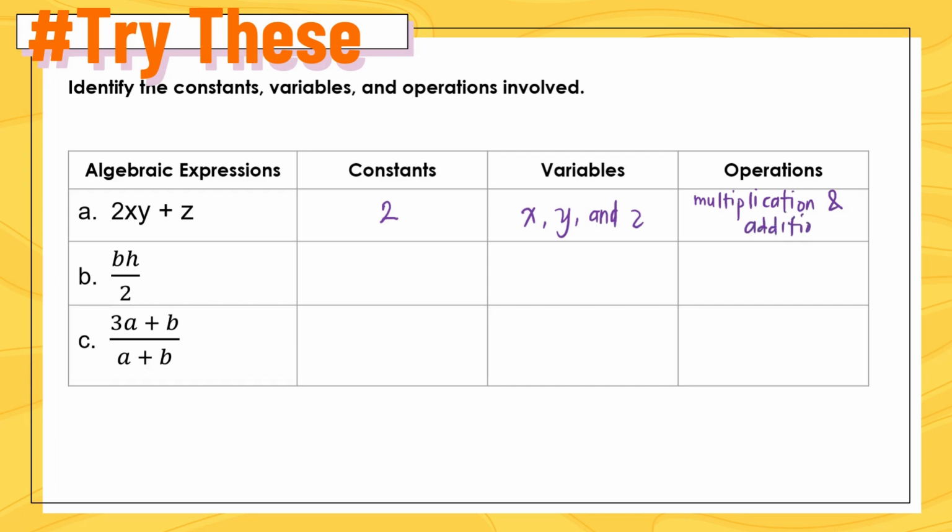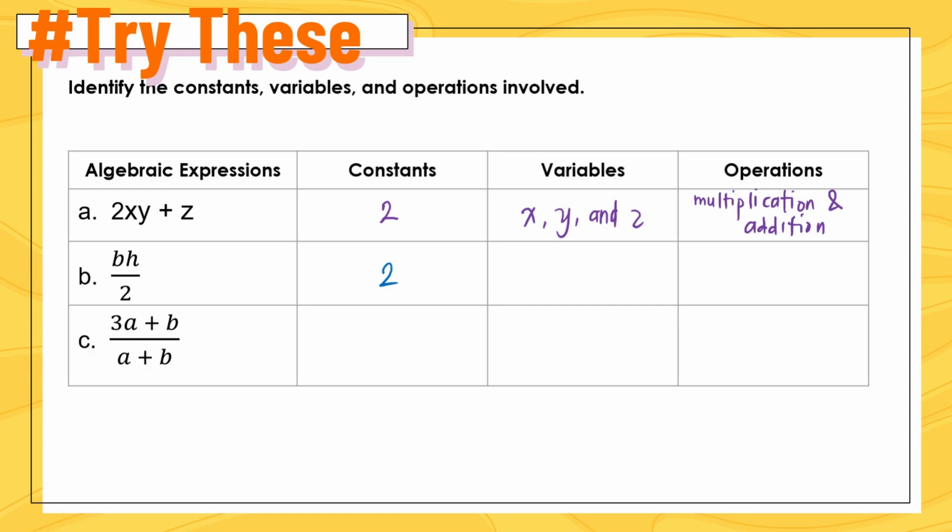Let's have letter B. This is the formula in getting the area of a triangle. B times h over 2, or base times height over 2. Already used the concept of variable and dealing with areas or formula of areas. So for constant, we have 2.